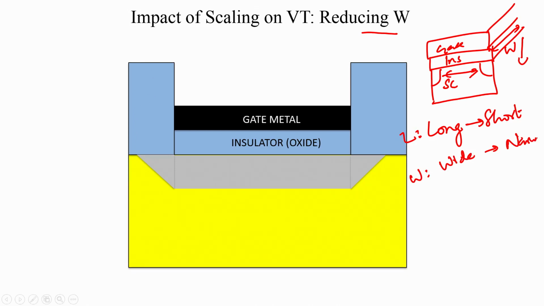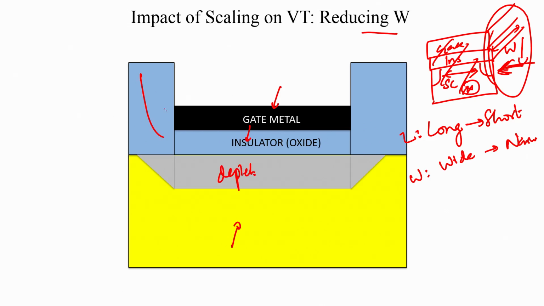Now, let us take the cross section of a wide device. We are going to look at this device from this side. We have always been looking at the device inside the plane, we have always looked at this cross section, but now let us start looking at that cross section. So, that cross section is shown here. Here I have taken a cross section right in the center of the device, so you can't see the source and drain, we have bypassed it, we are somewhere in the middle of the channel. And you have your gate metal, the insulator, the semiconductor, and the depletion region, and you have oxides on all these sides, on the side walls.